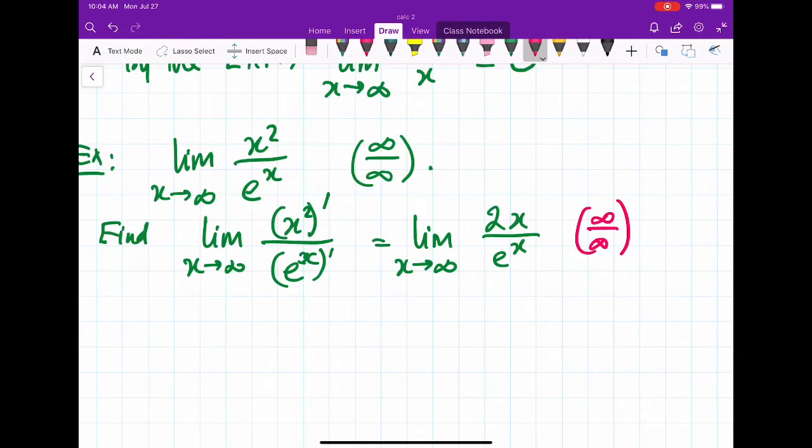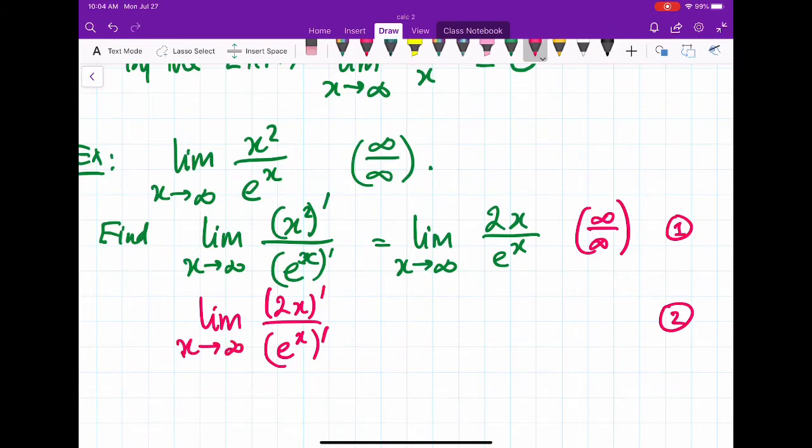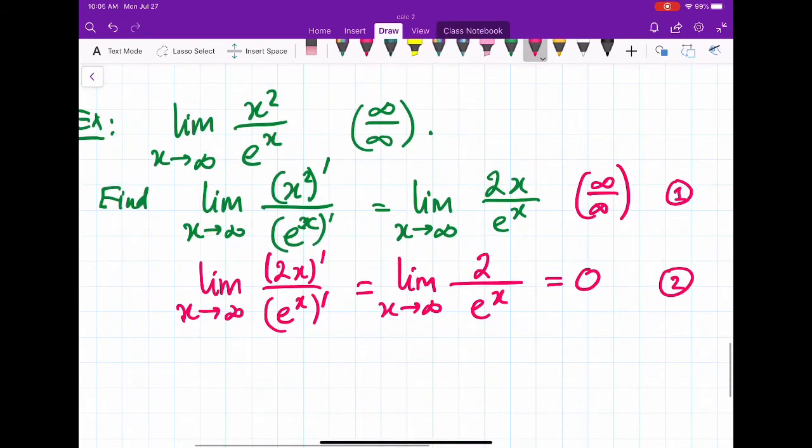That is the first step. The second step: I need to find the limit of the derivative of 2x divided by the derivative of e to the x as x approaches infinity. I see this limit is 2 on the top and e to the x on the bottom when x approaches infinity. And this is 0, because e to the x approaches infinity as x approaches infinity. 2 divided by infinity is just 0.